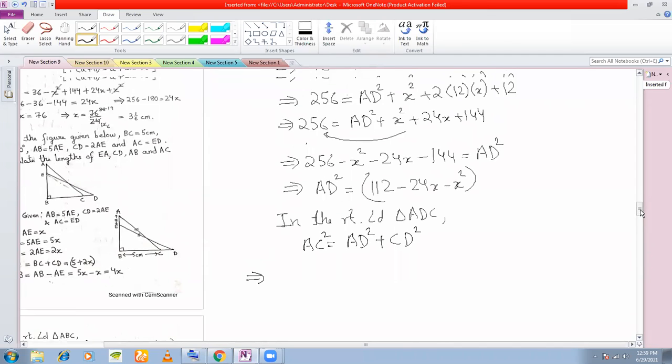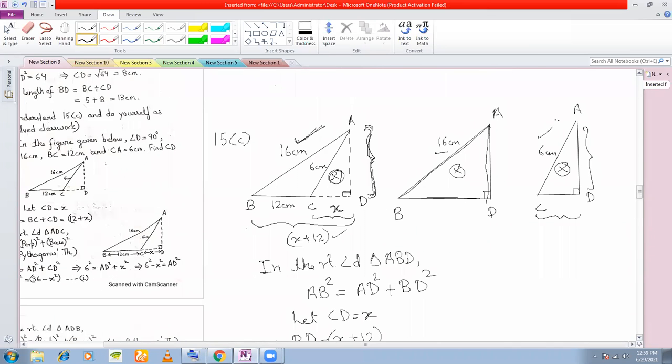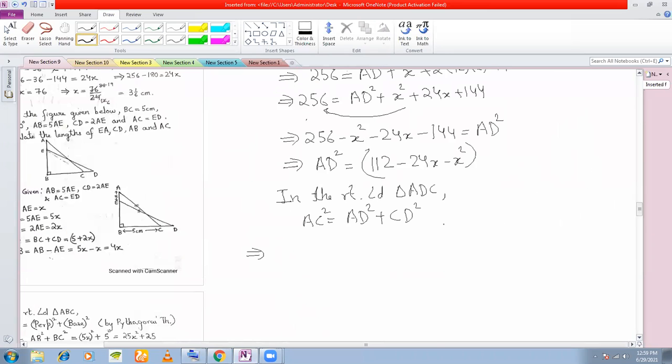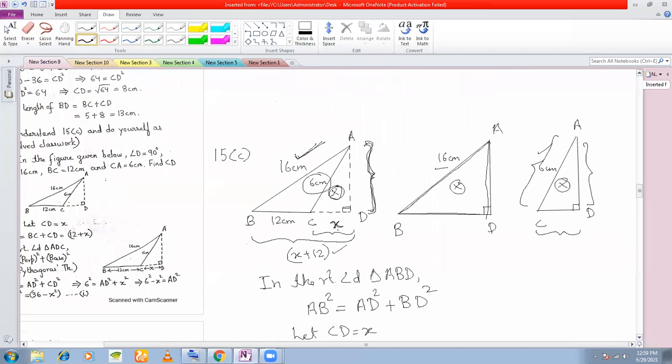Now let's see what lengths are given. AC square, how much is the length given here? This length is given to you as 6. Right here, 6 square. AD square we have found out here, put it 112 minus 24x minus x square plus CD square. CD is this length.